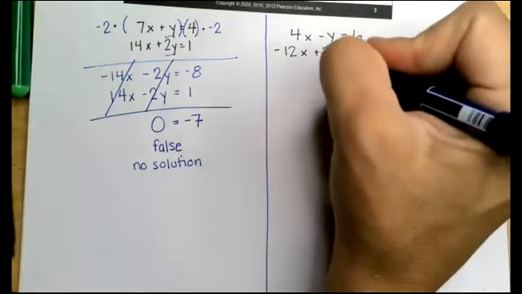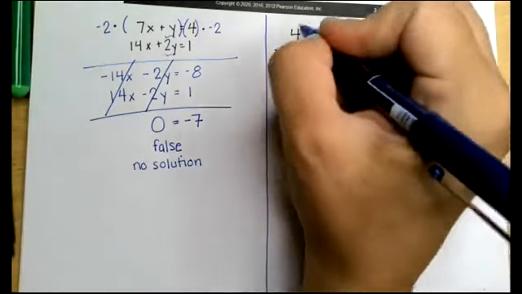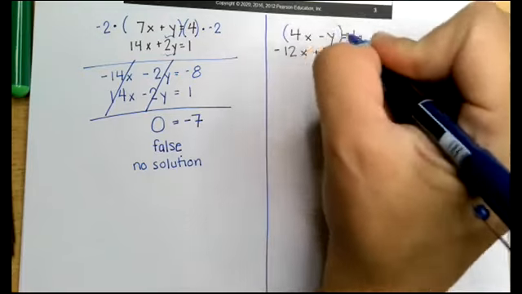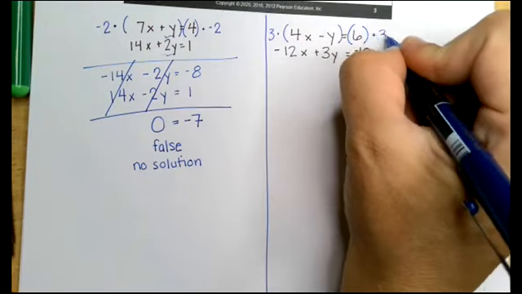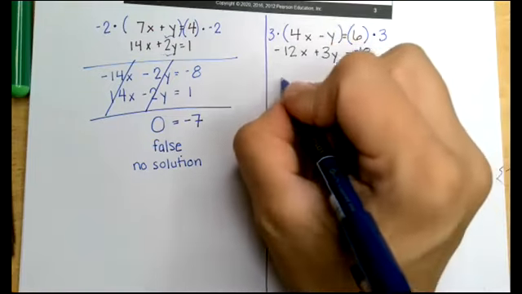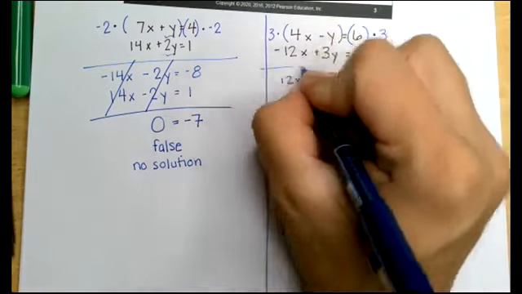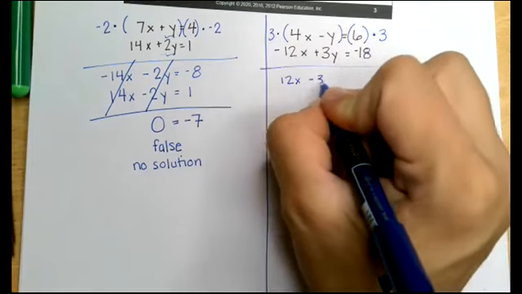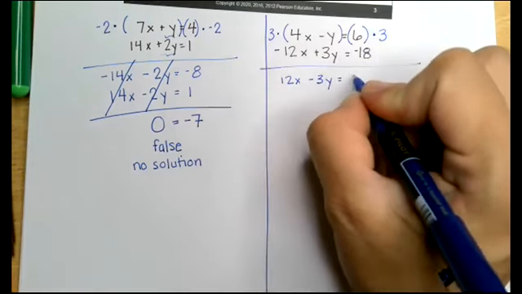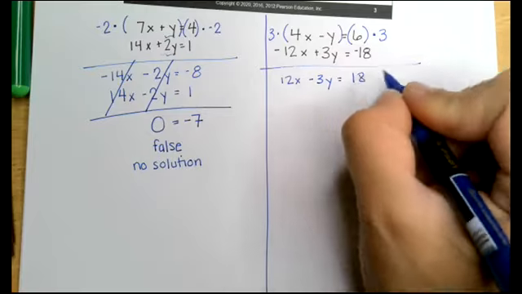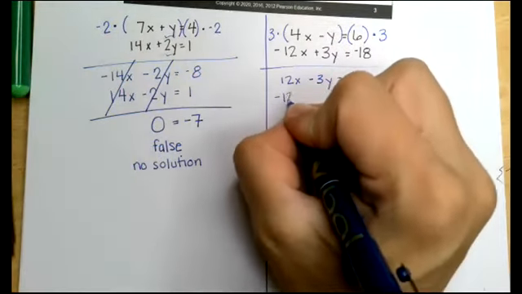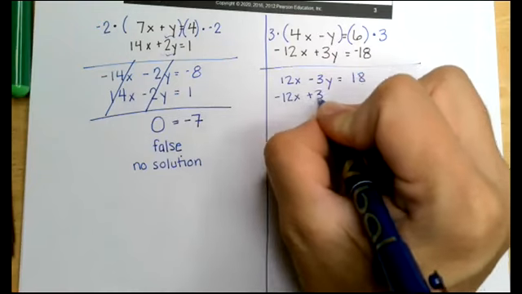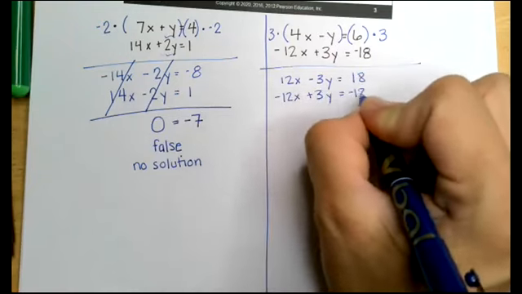I'll multiply, well, here's a positive 3y and a negative y. So I'm going to multiply this by 3. 3 times 4x is 12x, -3y, and 18, right? And then below that, we have negative 12x plus 3y is a negative 18.